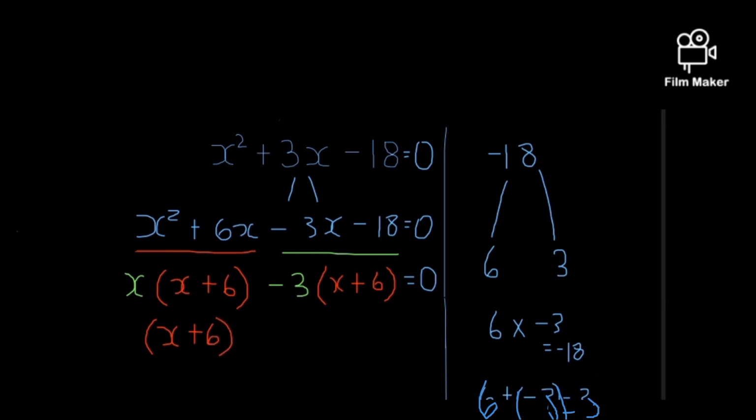The x plus 6 and x plus 6 are exactly the same, so we rewrite them as one factor here. And then we have what is outside the bracket, which is x minus 3, and we'll rewrite it here as the other factor. And they're both equal to 0.